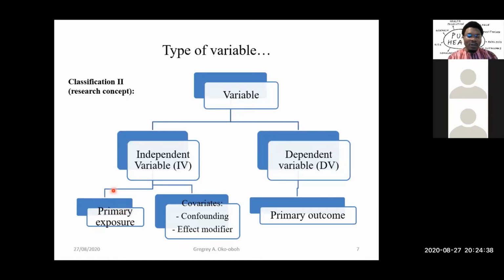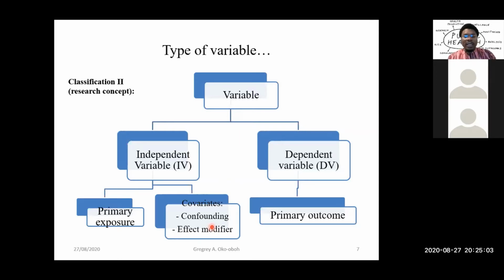So we can either have primary exposures, the ones we are primarily interested in as a determinant of the outcome, or we have those we can call the secondary exposures or covariates. These are the ones we call the confounding variables, effect modifiers, or other independent variables that you are not really interested in, but you measure them in your study.